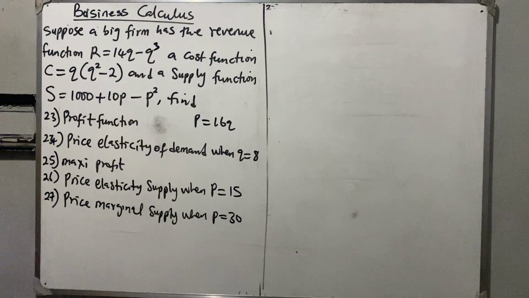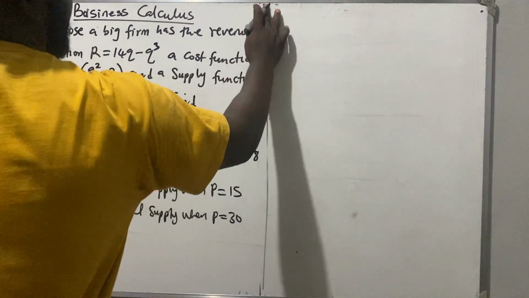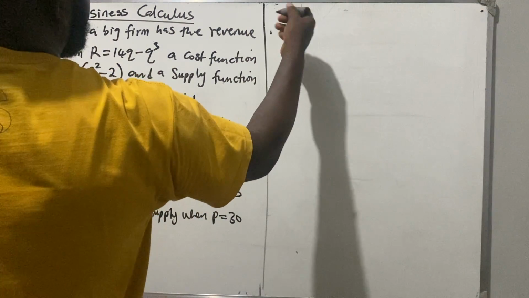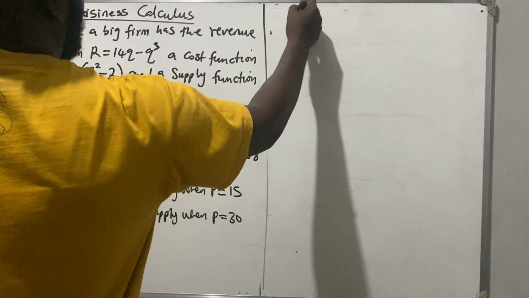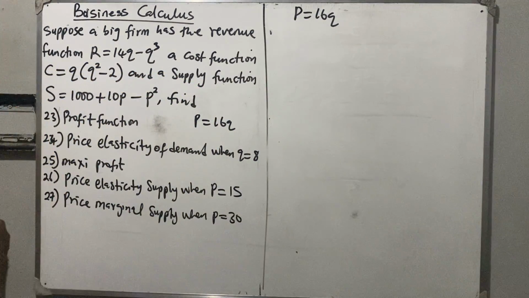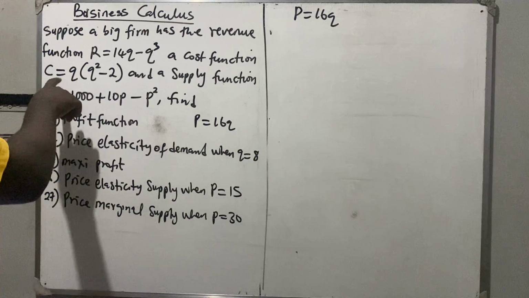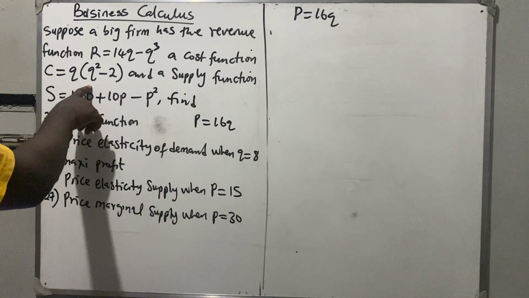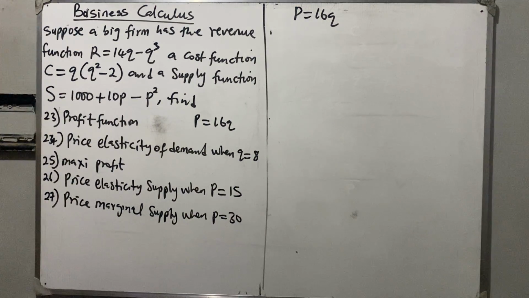So now, since it is cube, they say we should write the maximum profit. Now, to get the maximum profit, normally we have to get the critical point. But in this case, we cannot get the critical point because we have that our P is just 16Q.